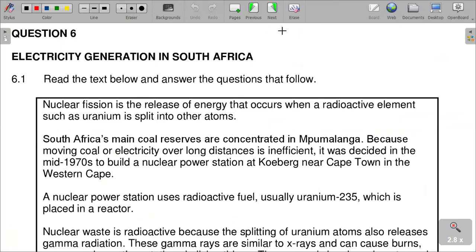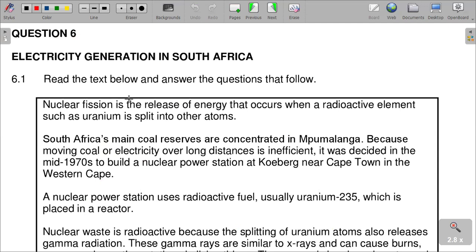It is electricity generation in South Africa, which is actually one other question. Read the text below and answer the questions that follow. Nuclear fission is the release of energy that occurs when a radioactive element such as uranium is split into other atoms.